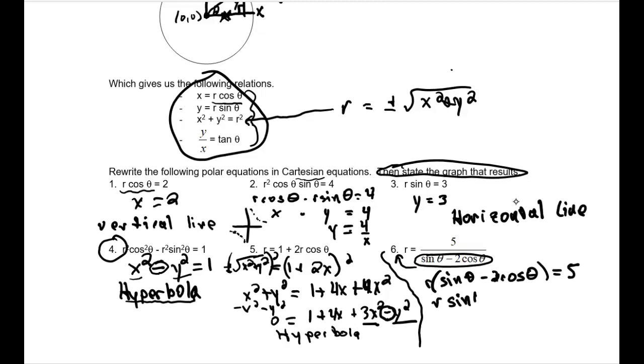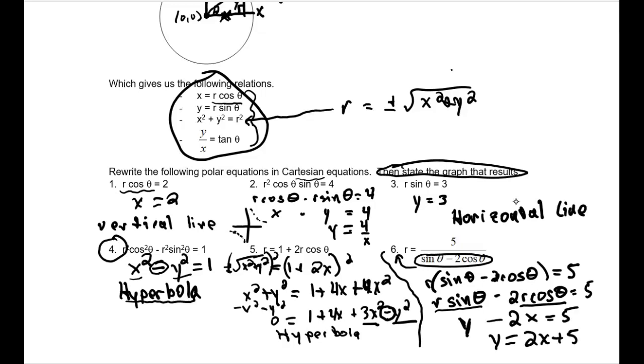So then you'd have r sine theta minus 2r cosine theta equals 5. Once that's done, and it's pretty obvious, hopefully, r sine of theta is y, minus 2, and then r cosine of theta is x. That would equal 5. And what we then end up with is a pretty simple little line, y-intercept of 5, slope of 2.